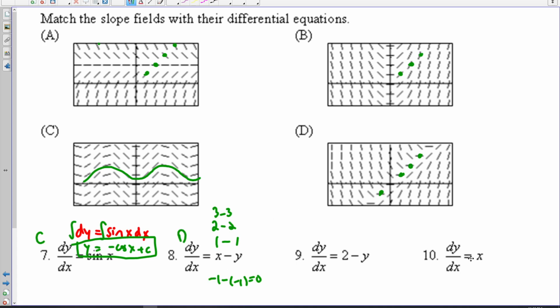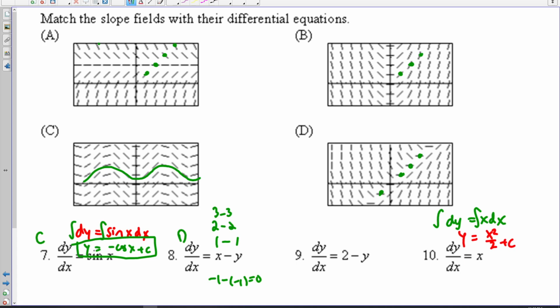This one right here is also separable, right? Like this one was not separable, number 8. But number 10, I could separate it like that. First you separate, then you integrate. All right, so this would be y is equal to x squared over 2 plus c.